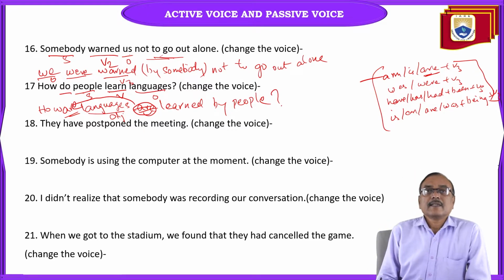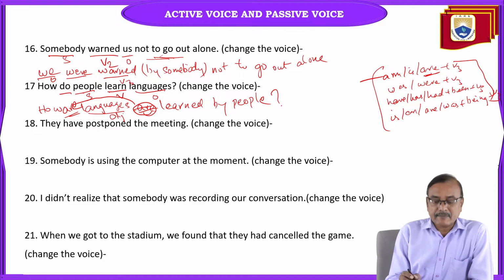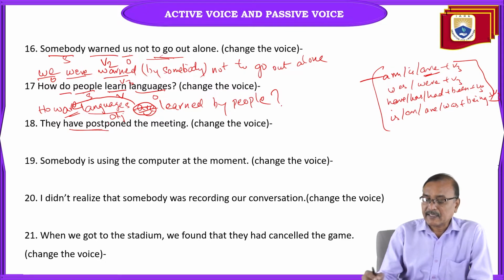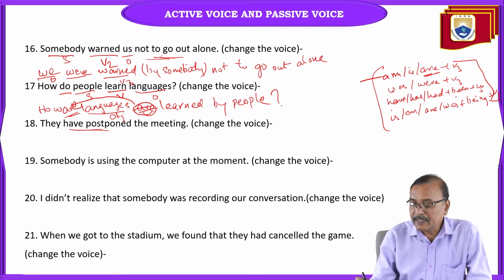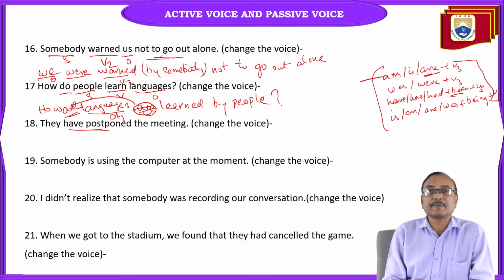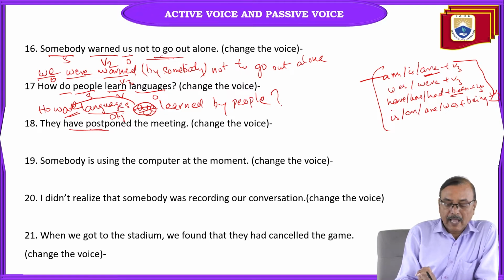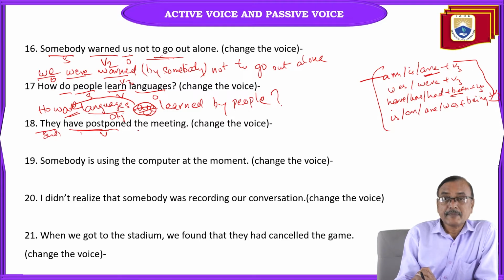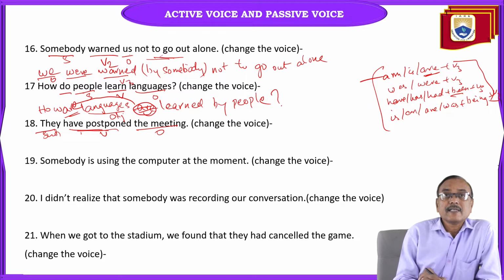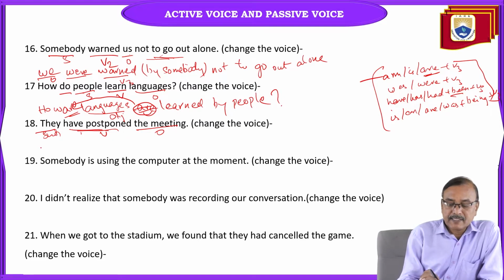Right. Next: they have postponed the meeting. Have postponed becomes have been postponed, or has been postponed. They is the subject, have postponed is the verb, the meeting is the object. So bring this object here: the meeting.